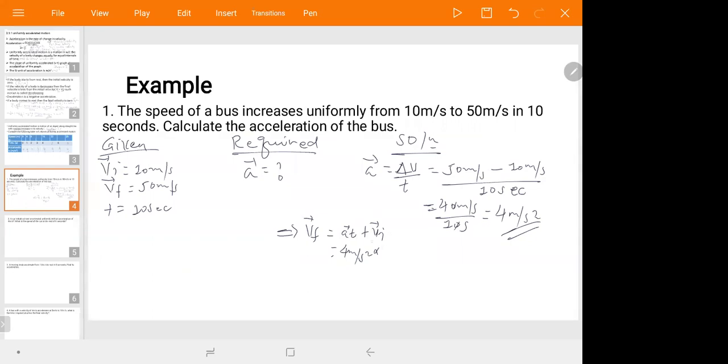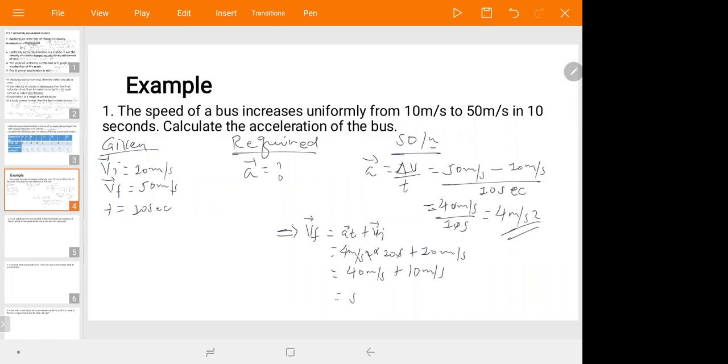What is your time? 10 seconds. Excellent. Plus what was your initial velocity? 10 meters per second. 1 second cancelled by 1 second. 10 times 4 is 40 meters per second plus 10 meters per second. Have you seen your final velocity was how many?